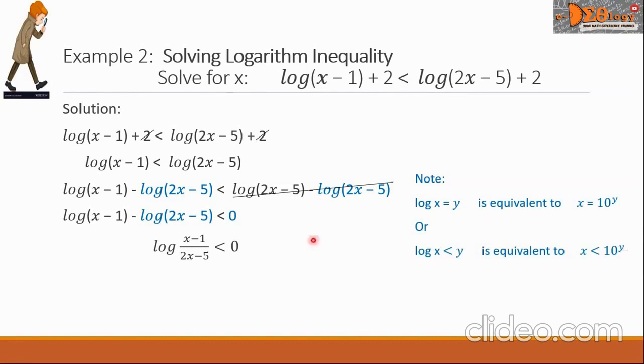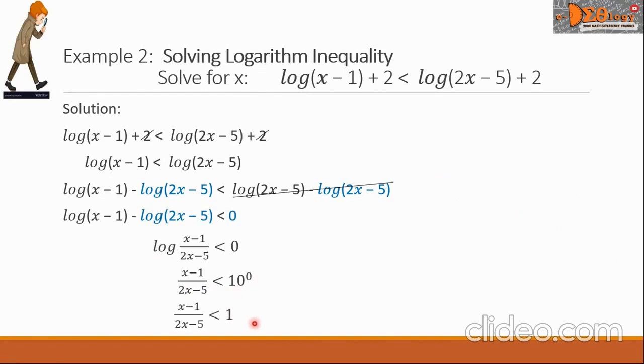It means to say, this expression here can be simplified further into x minus 1 over 2x minus 5 is less than 10 raised to 0. If we simplify the 10 raised to 0, we will get 1. And from here, we're going to solve for x.